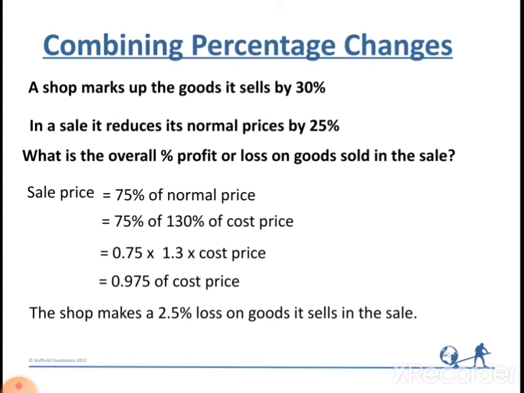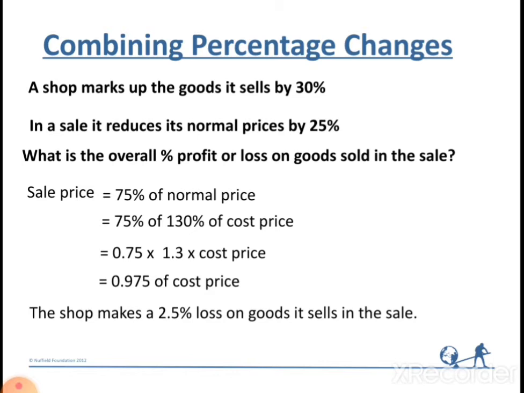Combining percentage changes. A shop marks up goods for sale by 30%. In a sale, it reduces its normal price by 25%. What is the overall profit or loss in percentage on goods sold in the sale?